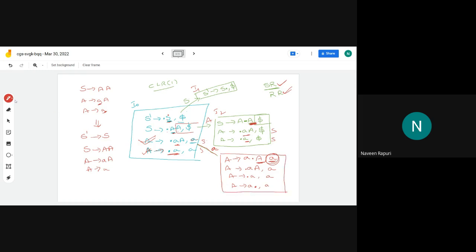Now we need to check again: is there any shift reduce or reduce reduce conflict? If you see here, it is a goto, because after that there is a capital A. That is not a problem. Here this is a shift, this is a shift, this is a reduce. So here a shift reduce conflict is there.